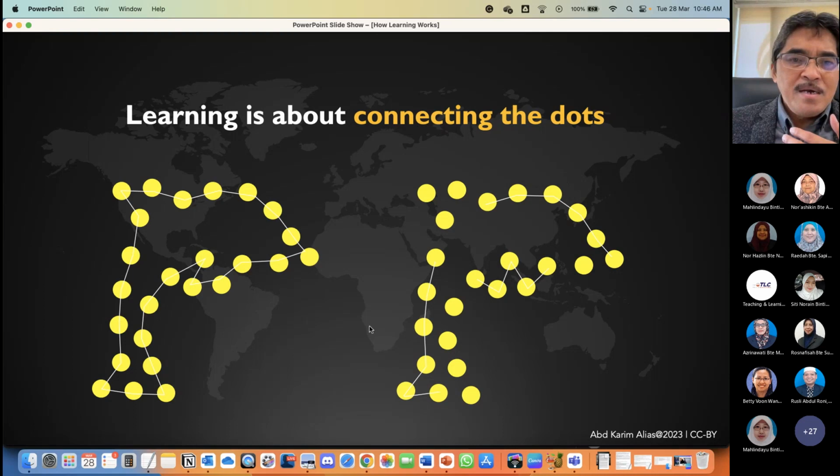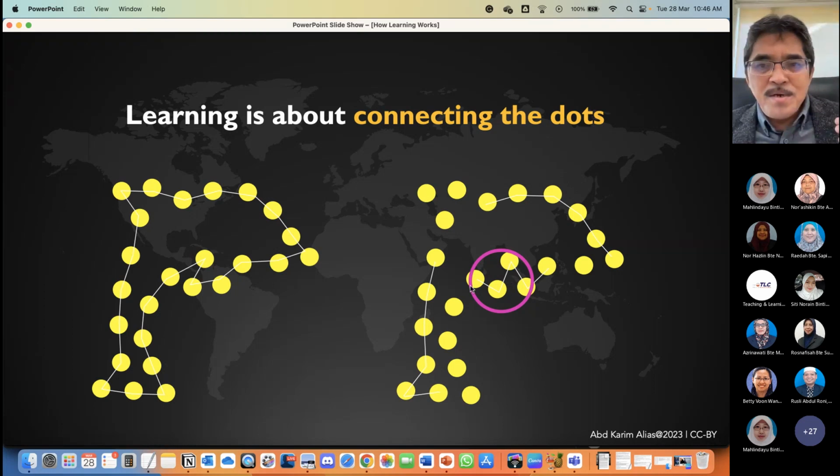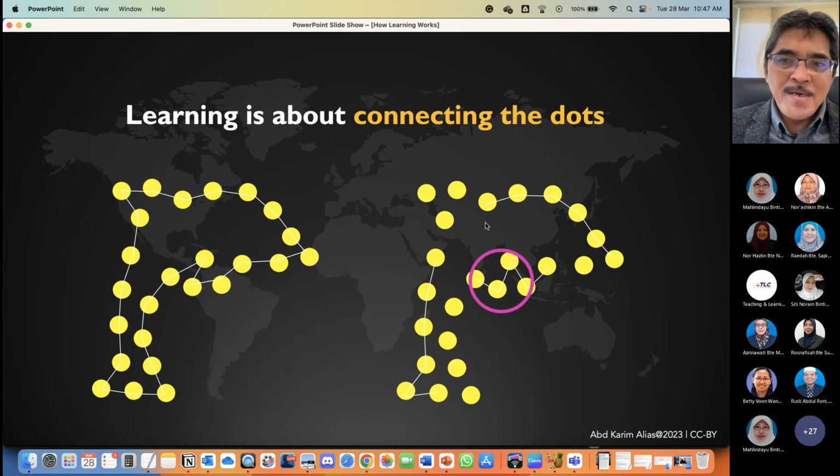But if they are not able to connect the dots like this, this is still unconnected, this still unconnected, so they don't get the whole picture. They don't get that this is a fish. If they have connected everything, they get a clear picture. That's the learning outcome, basically. Oh, okay, it's a fish.